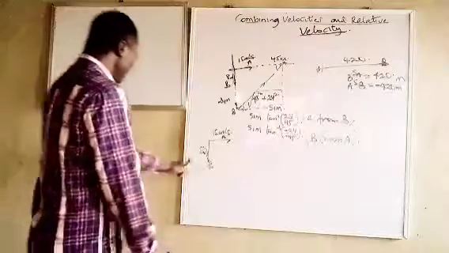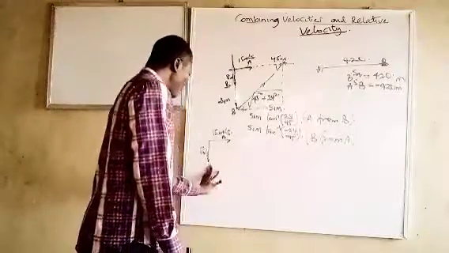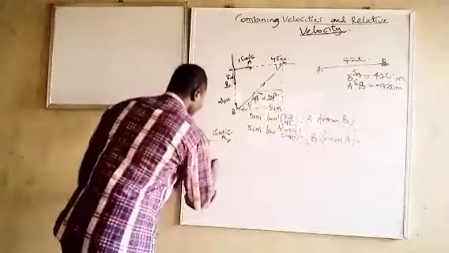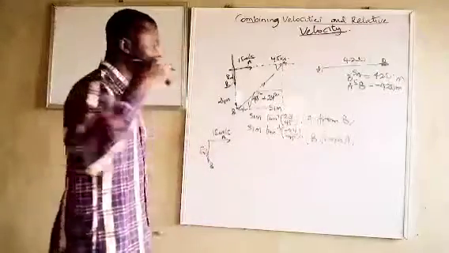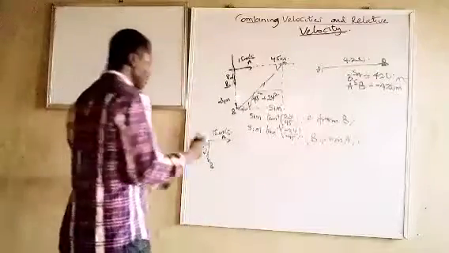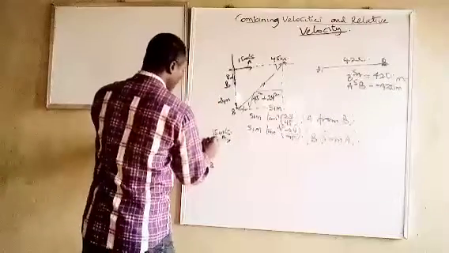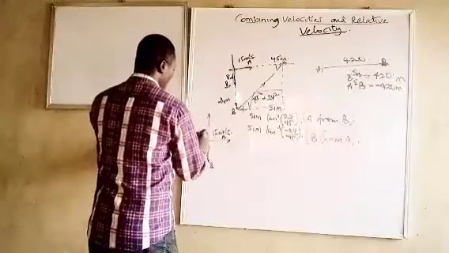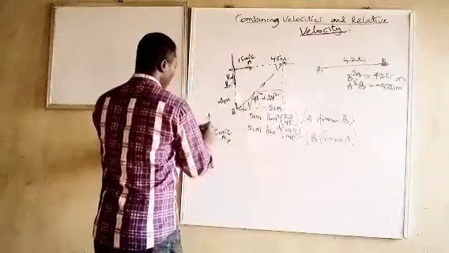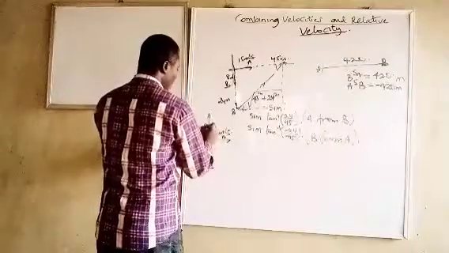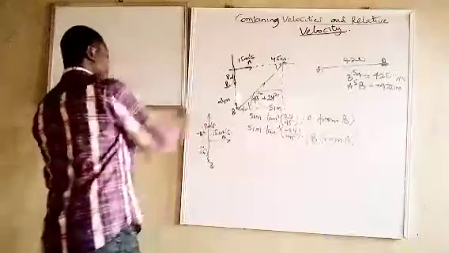So what is the difference in velocity of b from a? Just like we treated in vector, all you need to do is to move it in the opposite direction, because this will be minus b, which is equal to minus 8 meters per second in the opposite direction.